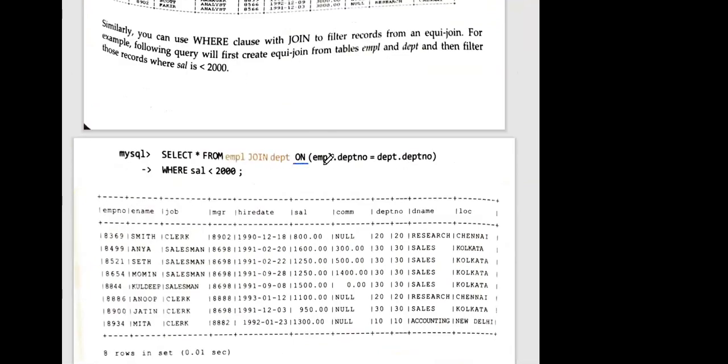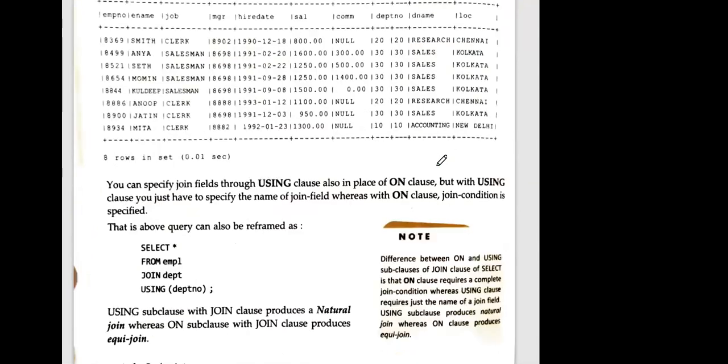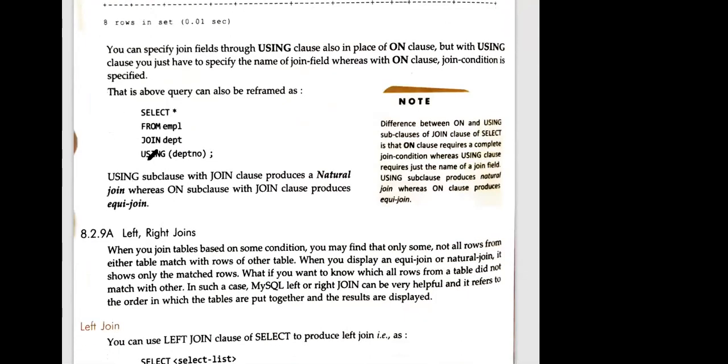If we are using ON, then we have to use a condition. Okay, then USING also we have discussed. Now, this is an important thing, this is the difference between your ON and USING. It is given that the ON clause requires a complete join condition, means basically we have to write the condition for the ON clause.